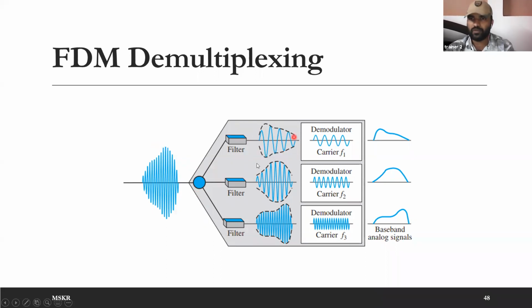When you put your tuner to 98.3, your filter to 98.3, you are going to only get this signal. You are going to remove this and this. When you tune your filter to 102.1, you are going to only get this signal. You are going to remove these two signals from this composite signal. So like that, you will get the modulated version of your intended station's signal.